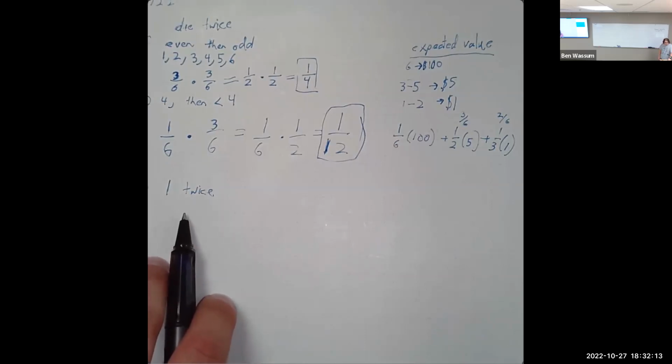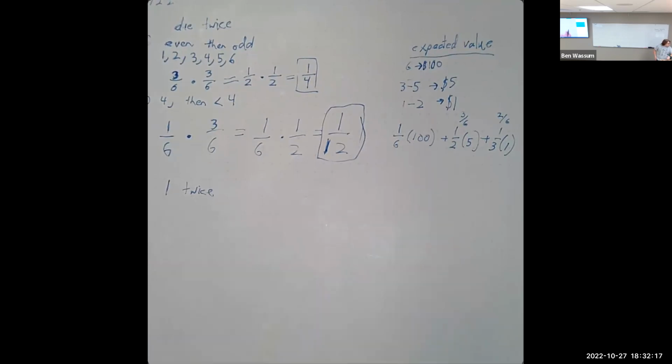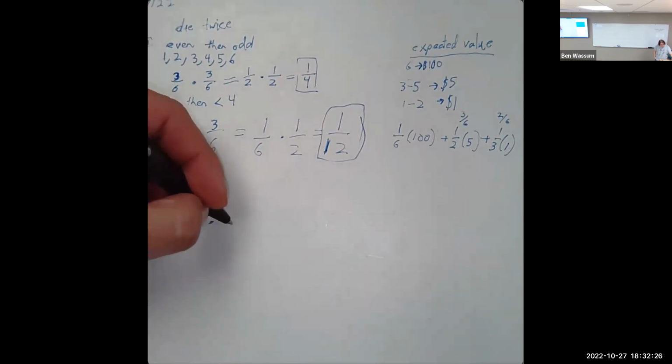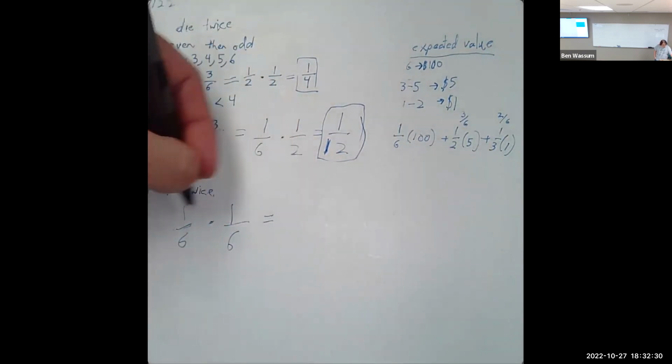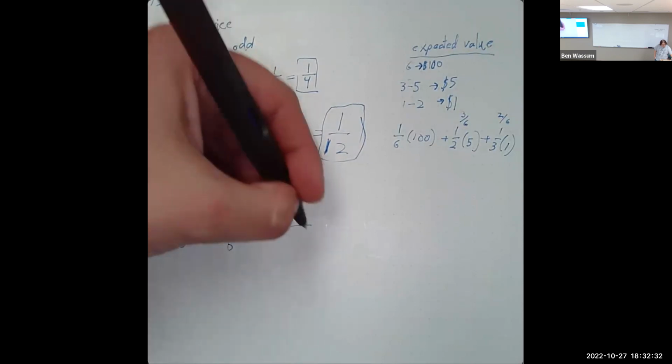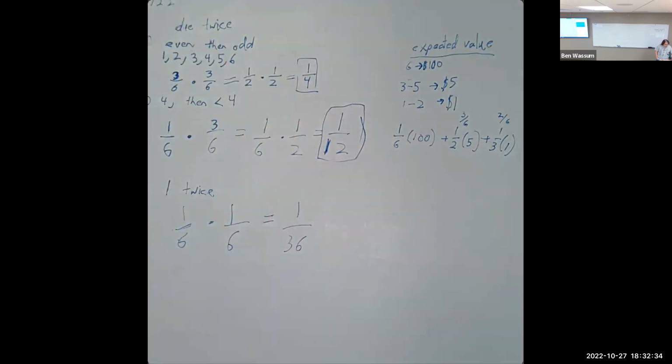What about rolling a 1 twice? What are the shots of that? That sounds a lot easier than that, right? If I roll a 1, what are my chances? I got 1 option, right? If I roll another 1, what are my options? Another 1. Okay, 1 times 1, 1. 6 times 6, 36. 1 out of 36.